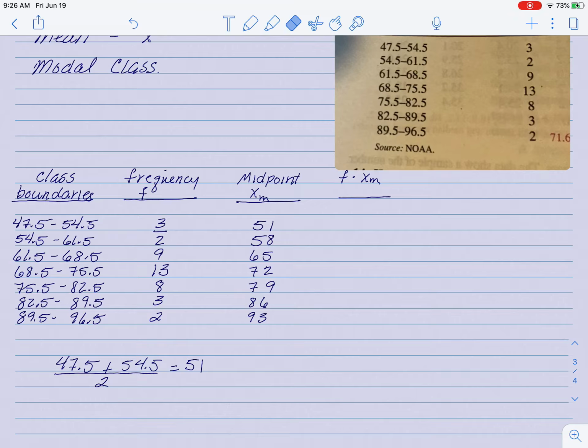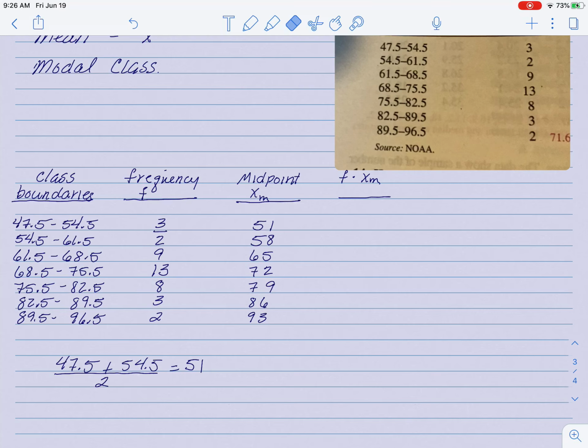In that class, I have 3 data points. If I were to add up all 3 data points and I'm approximating them by the midpoint, then the sum would be close to 3 times 51.